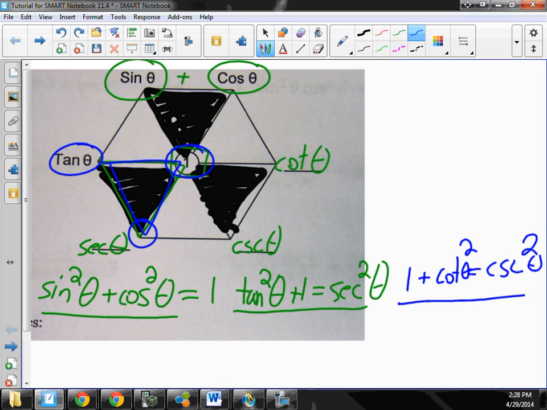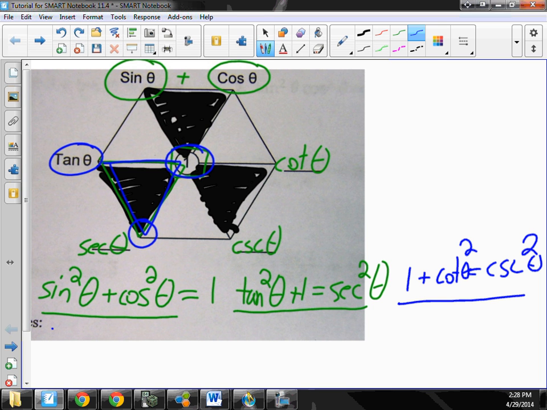Now, you can see those on your reference sheet. On the third column, about a third of the way down, you see the Pythagorean identities. But these Pythagorean identities can be rearranged in lots of ways. So the first one equals 1. Could the first one equal sine squared?